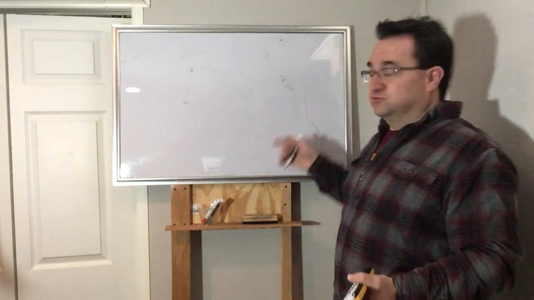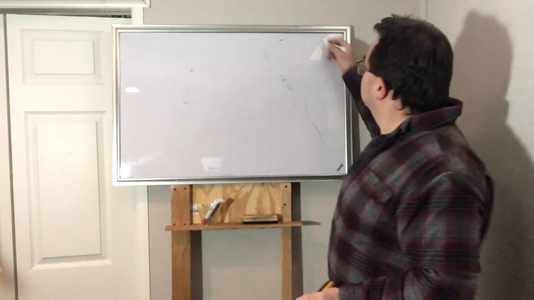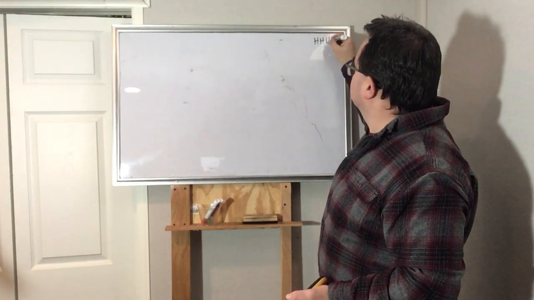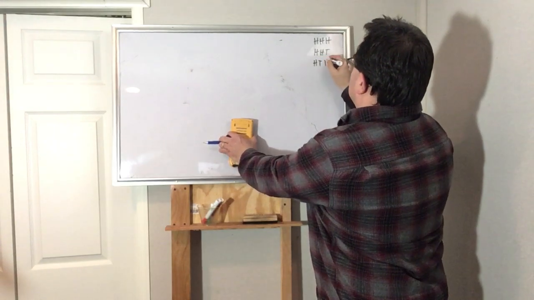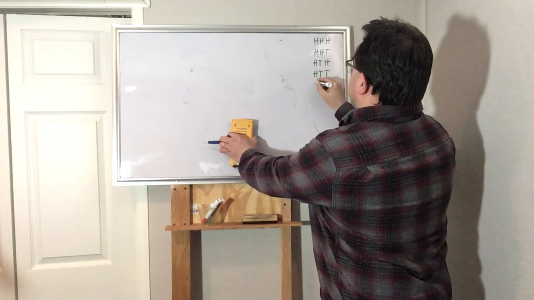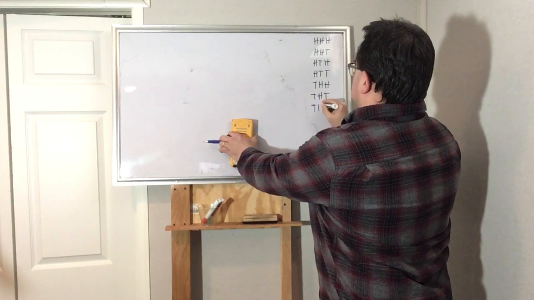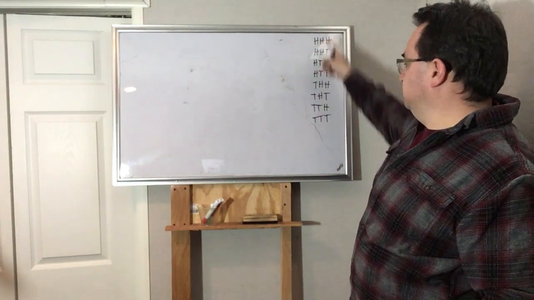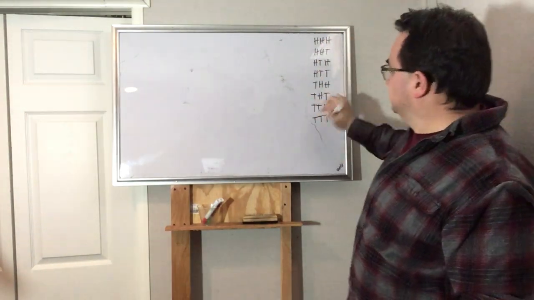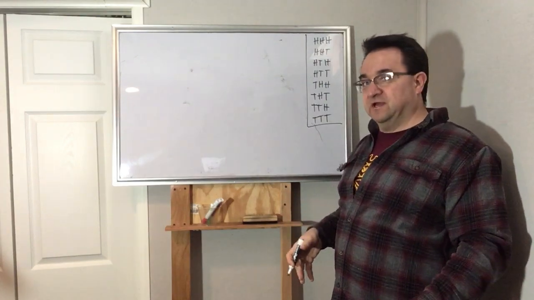So first I'm going to write out the sample space over here so we can see what it looks like. So I could get heads all 3 times. So this is first flip, second flip, third flip. This is every possible scenario that can happen when I flip a coin 3 times.